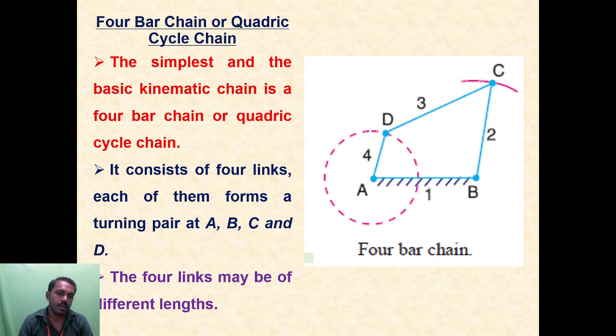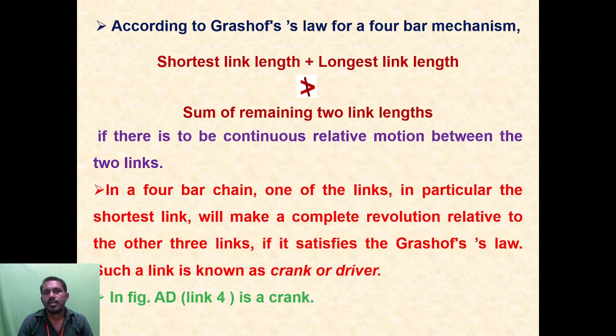According to Grashof's law for a 4-bar mechanism, the shortest link length plus the longest link length is not greater than the sum of the remaining 2 link lengths.